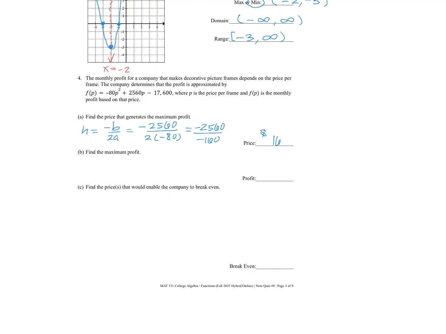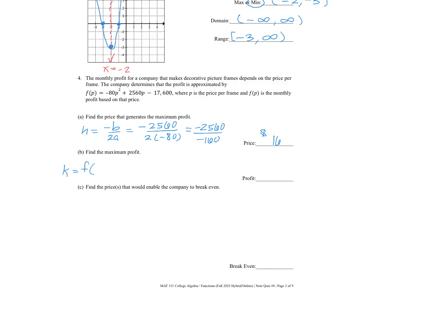And again, to translate it into more real world context, if you charge under 16, you'll lose money because you're not charging enough. And if you charge over 16, you'll start losing money because you are charging too much and people are shopping elsewhere. Now to get the maximum profit, that's the Y number or the value that we have at the maximum. That's just the K number from the vertex.